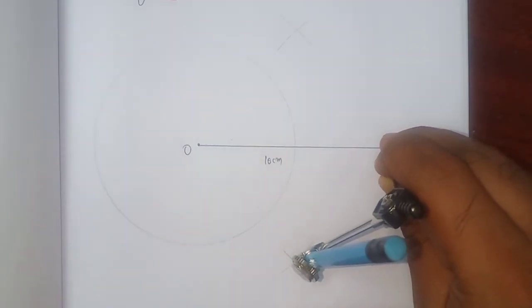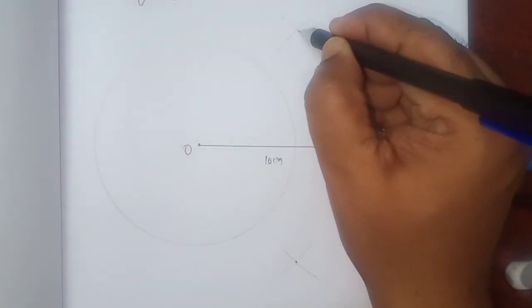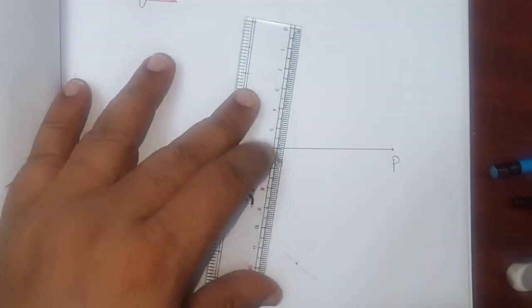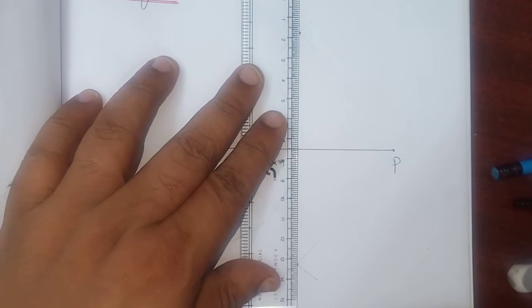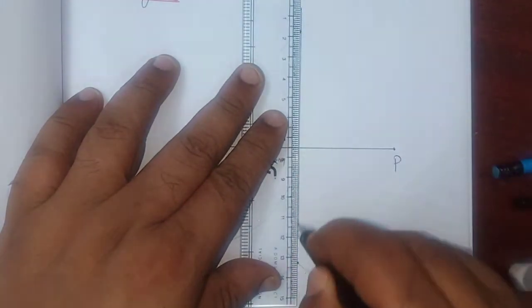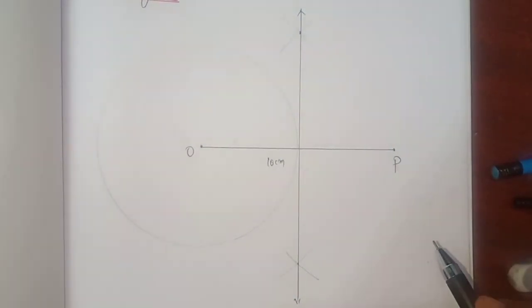Both the curves intersect at one point. Mark a point. Join the 2 points and extend also. Put arrow mark, arrow mark.